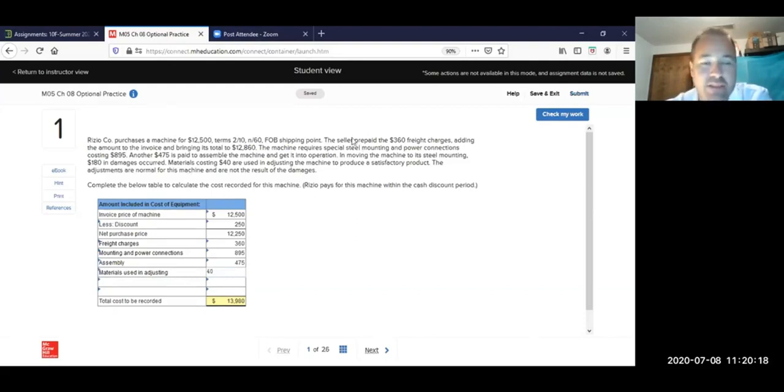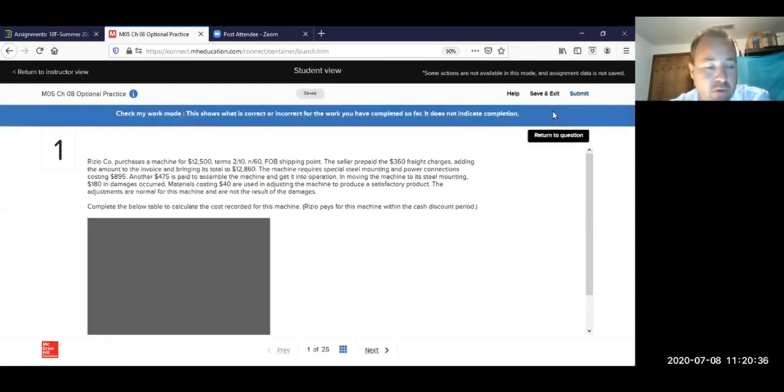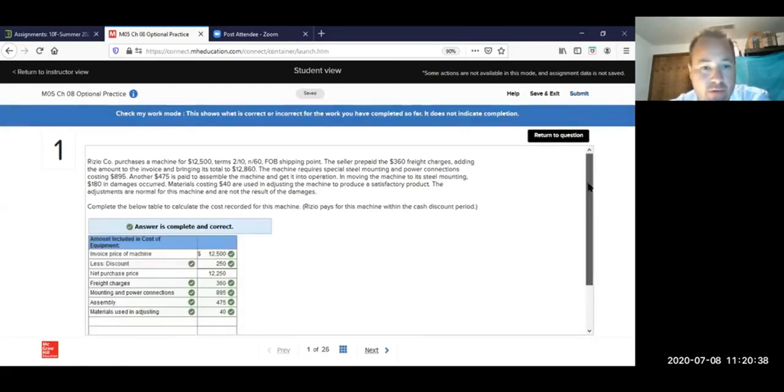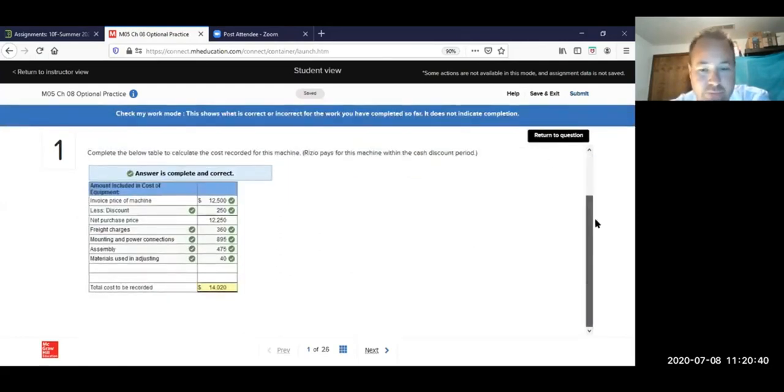So as long as it was normal, we can put it right in there. Instead of putting the machine on our books for $12,500, we would actually debit our machine for $14,020 and credit cash. Let's go ahead and check the work, make sure we got everything correct, and we do.